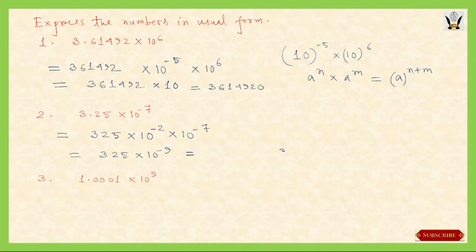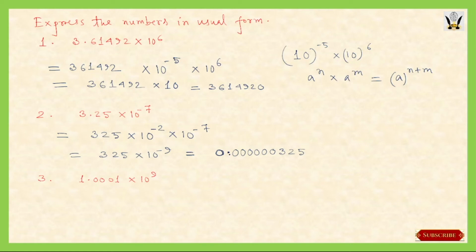So it will be 325, and we had this decimal point after 5. Now, to remove this factor, the decimal point will move towards the left by 9 places. So 1 2 3, then 4 5 6 7 8 9, and here we will have the decimal point, and before the decimal point we will have another 0.